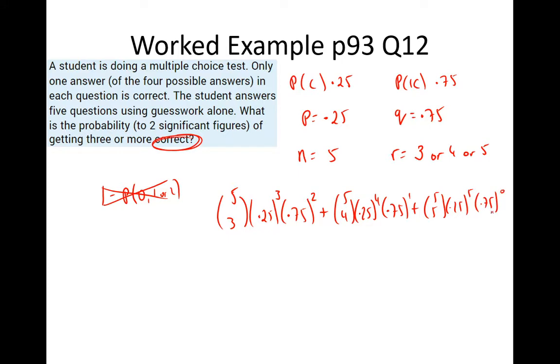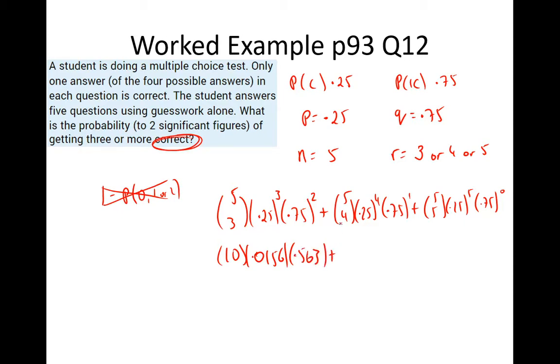Okay, so once you begin to use this thing quite frequently, it does become quite easy. 5C3, which is the same as 5C2, is 5 times 4, or 20, over 2, is 10. 0.25 raised to the power of 3 is equal to 1 over 64, or let's use decimals this time, 0.0156. Multiplied by 0.75 raised to the power of 2, and that becomes 0.563.